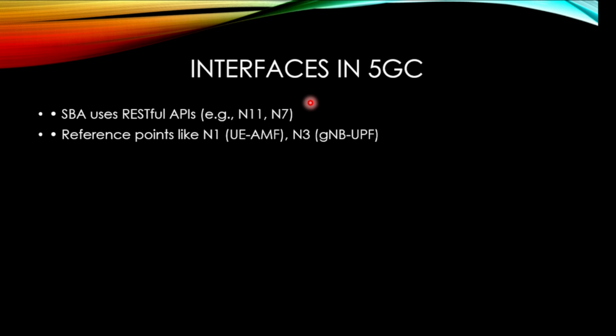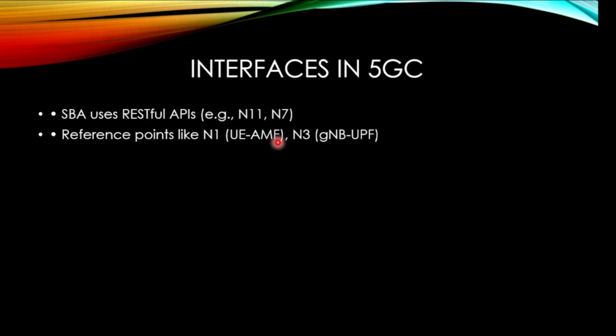This is almost what an interface means, because the protocol used to allow the communication between AMF and SMF might be different, and it carries a different data type than the protocol connecting the AMF with another function. Reference points like N1, which is the interface connecting user equipment with AMF, use a different RESTful API than the one connecting the G-Node B with the user plane function.